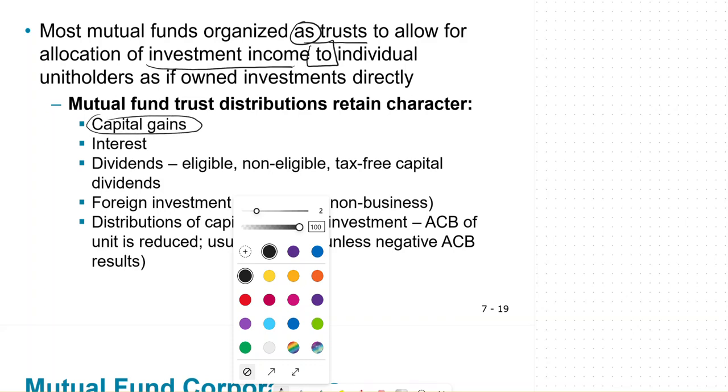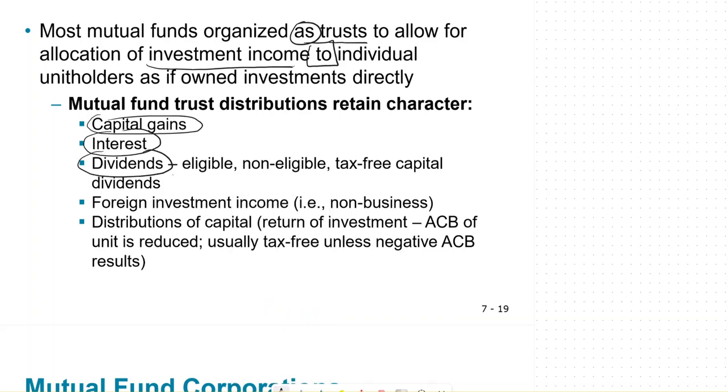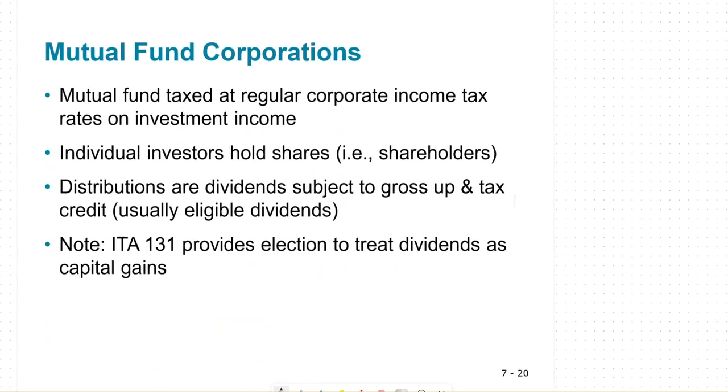You could have a capital gain, interest, an eligible dividend, both eligible and non-eligible, or a tax-free capital dividend. A certain amount is allowed as tax-free. You could have a foreign investment in mutual funds, which we call non-business income. Or you could have a distribution of capital.